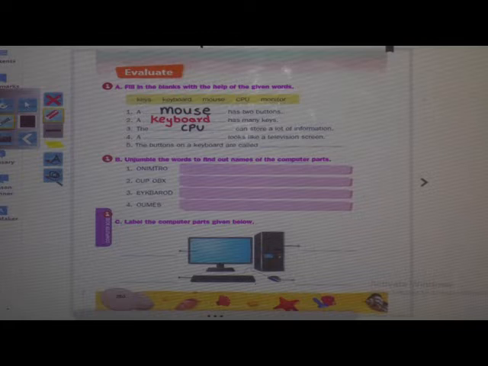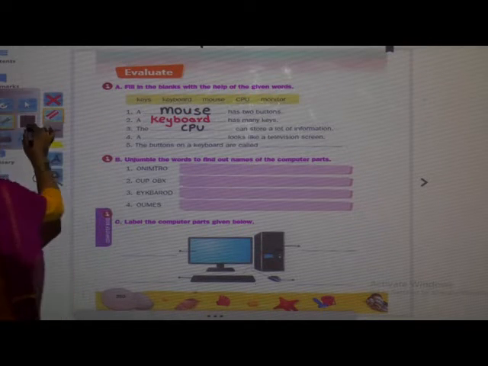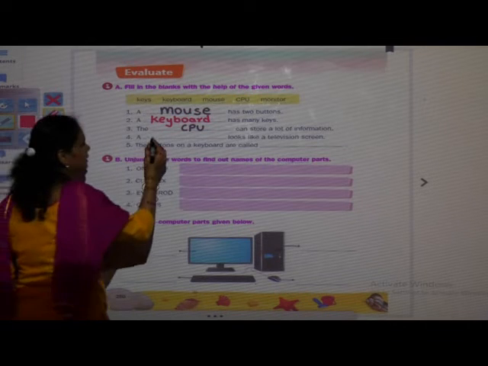Fourth one: a dash looks like a television screen. You all know what looks like a television screen? Which part of the computer looks like a television screen? Monitor. Very good. So write there monitor.